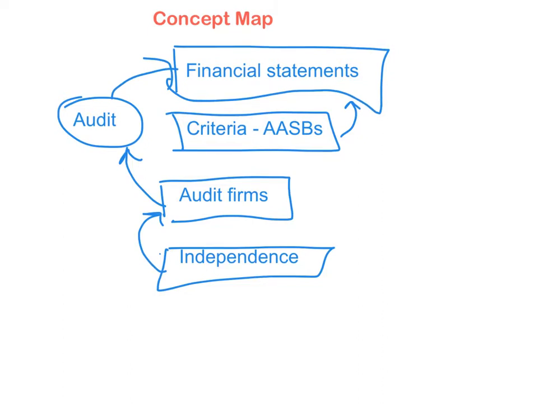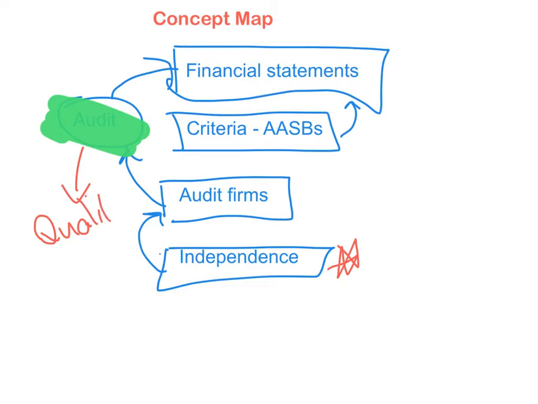What we don't know is what happens in this box here. We're going to learn a bit more today specifically about how firms are independent and why that's important. Then on this audit side, we're going to investigate the idea of quality, which is how do I make sure that all of my audit firms are doing the same thing?